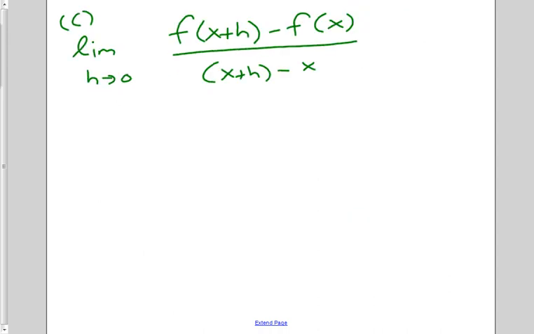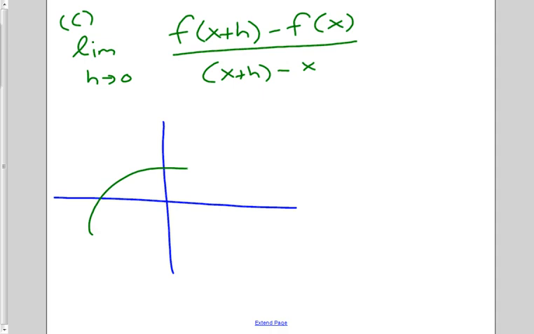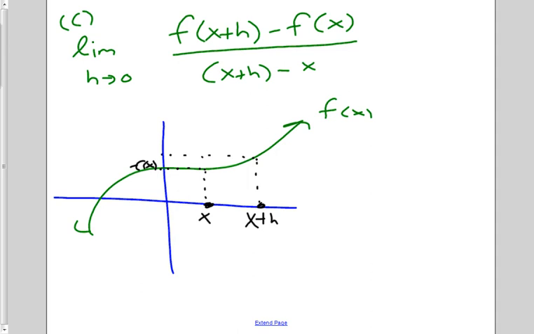Okay, looking at the next type of limit problem. This is more of a conceptual idea as a reminder to you. There are no numbers here. This is very general. So if we think about what's going on, that's the function f of x. And we're looking at some point x and another point x plus h. And this is the value f of x, and this is the value f of x plus h.